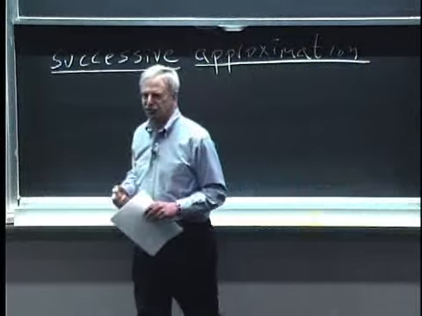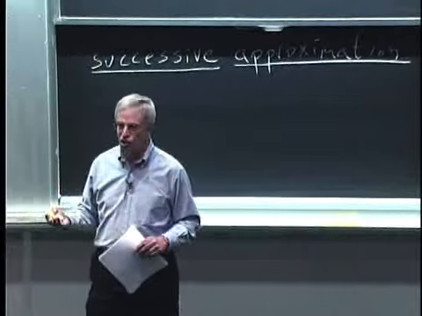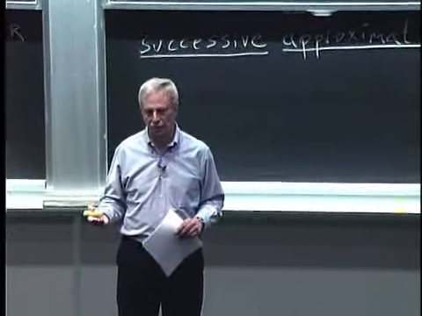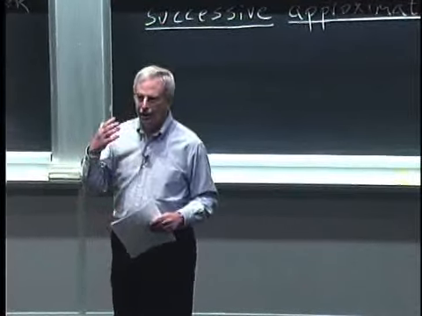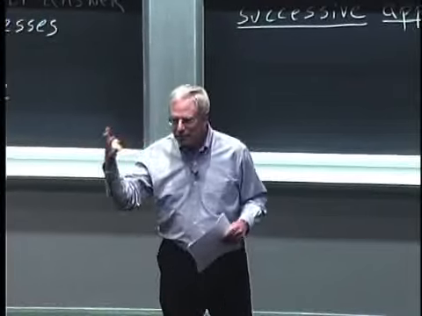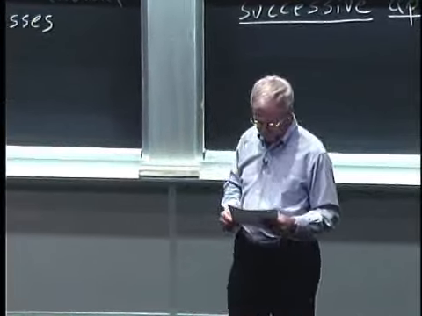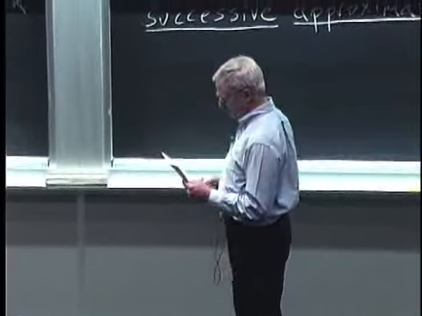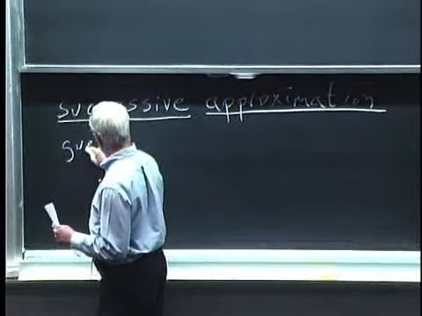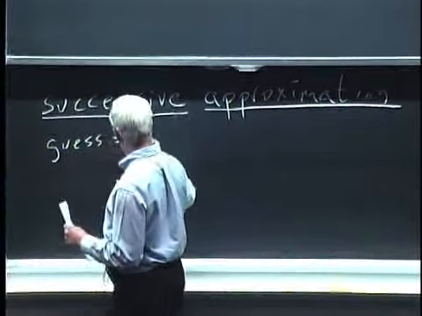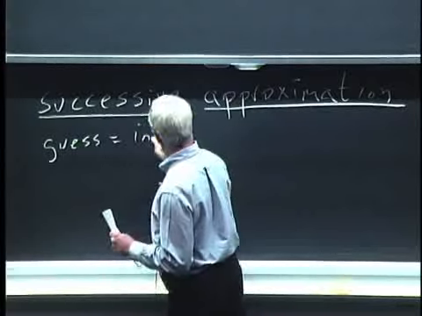And that's a very important concept. Many problems are solved computationally using successive approximation. Every successive approximation method has the same rough structure. You start with some guess, which will be the initial guess.